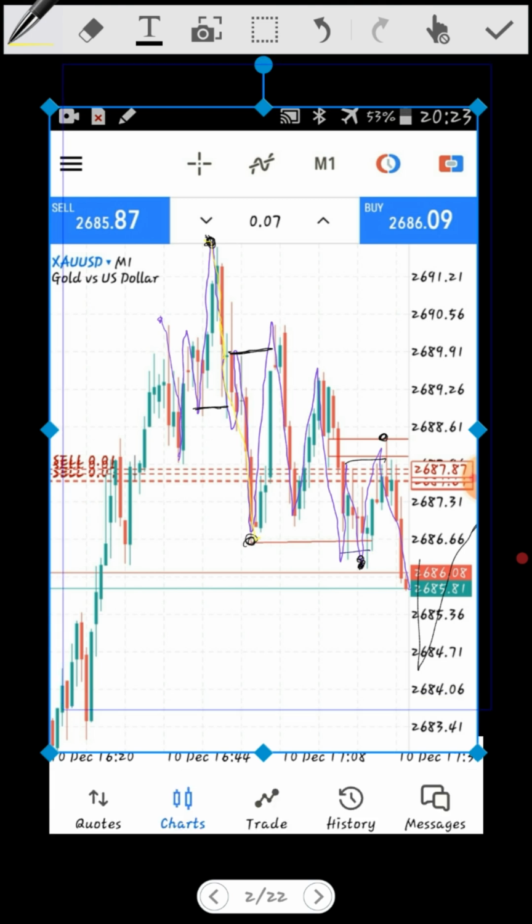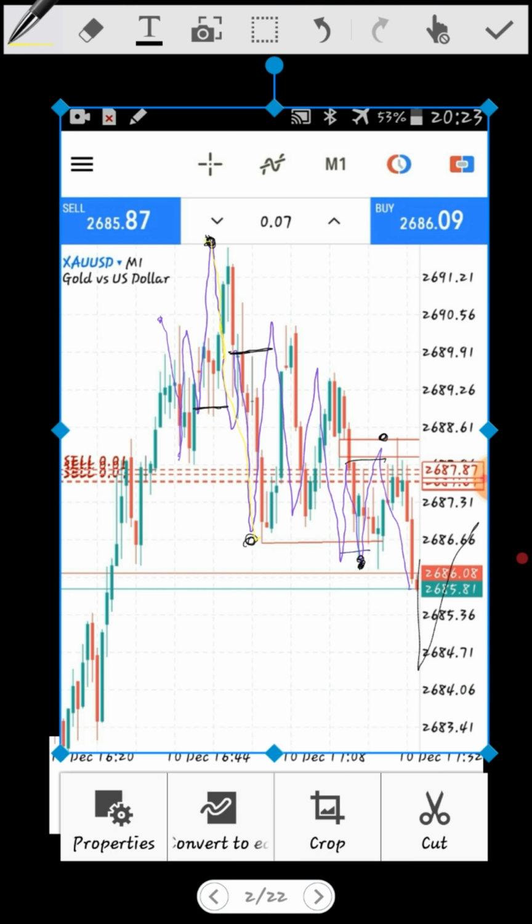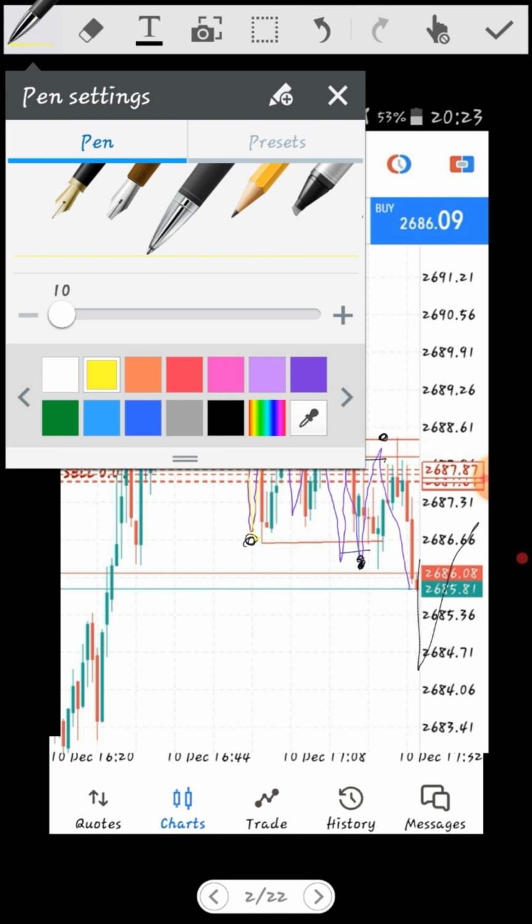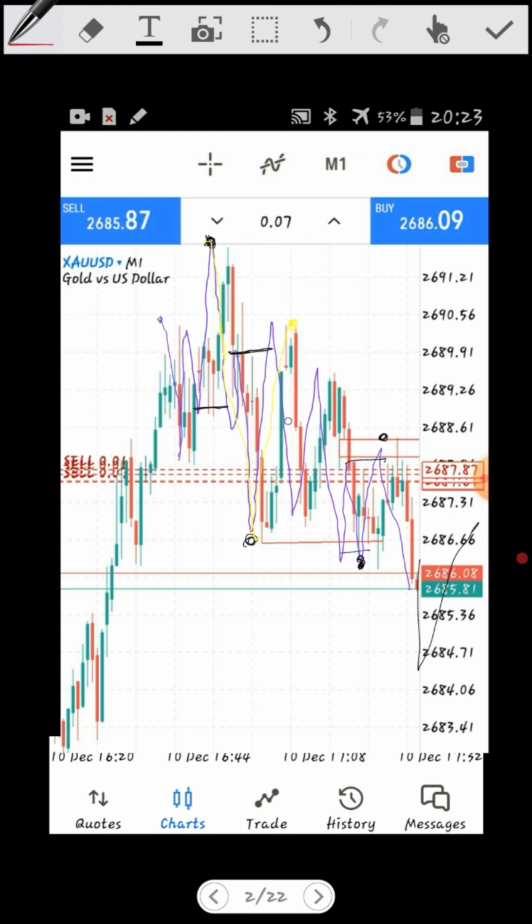That's why if I'm marking, I come back here. Look at this. I'll come back here because there was an inducement taken out. This marker isn't clear, but let me use maybe red. So this was, let's say, because it took out an inducement, so this is also a valid high.